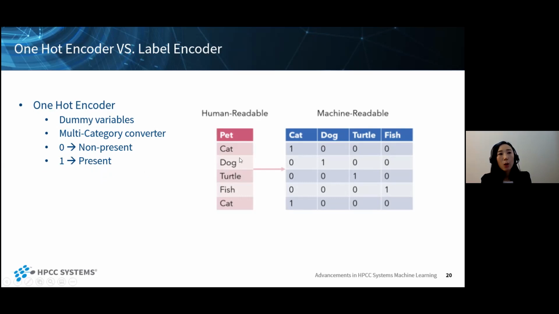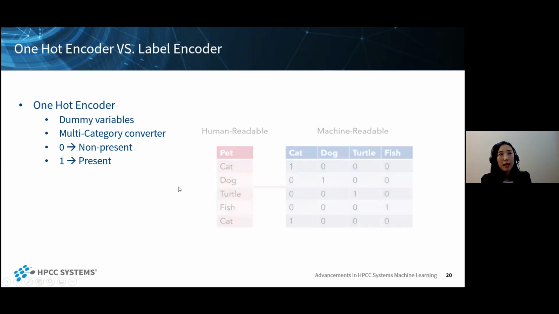What I mean is when we transfer the categories into 0, 1 encoded fashion, 1 means the feature is present here. So for record 1, it is a cat and it's not a dog, it's not a turtle or fish. So it's all 0 for these 3 categories, only 1 for cat. And for the second record, a dog, so only dog is encoded as 1, the rest are 0. That's how the one-hot encoder works.